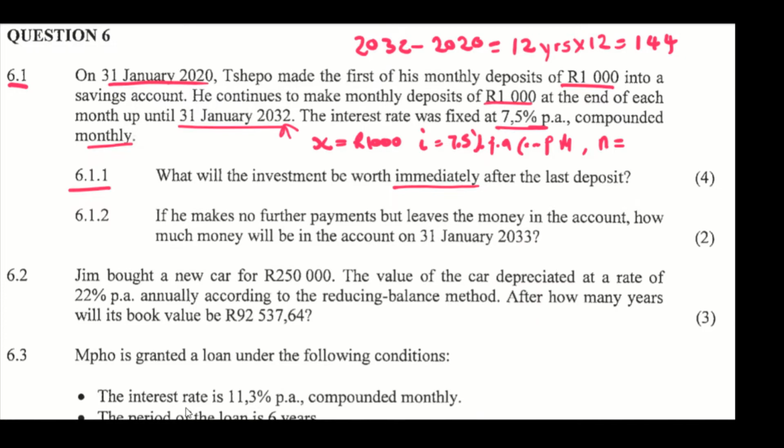But remember that the investment is going to be made immediately. What they're saying is they want to know how much will be in the investment, and this point here, written immediately, is really critical. So you're just going to add 1 because it's immediately. I'm just going to write a timeline to show you what this means. So you have your timeline here, this is T0 and this is T12, for 12 years.